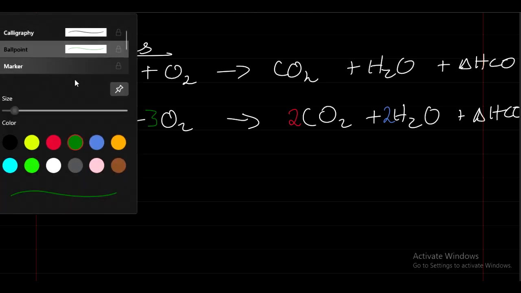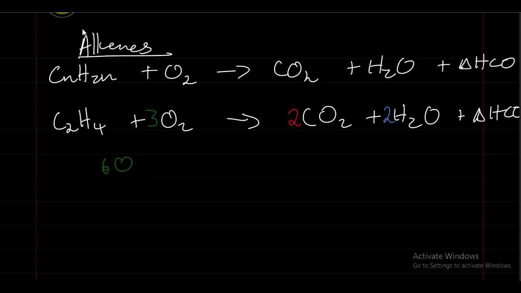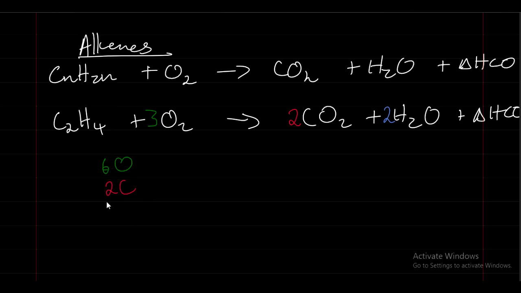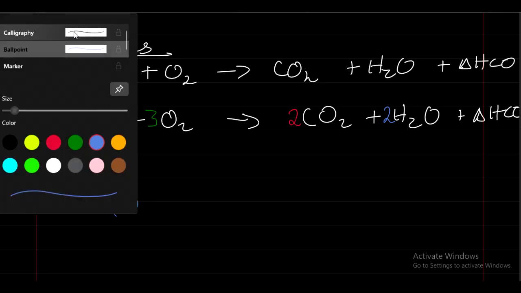And then if I count carbons, I have 2 carbons. What about hydrogens? Hydrogens, 4, and then 2 times 2 is 4. So now everything checks out.